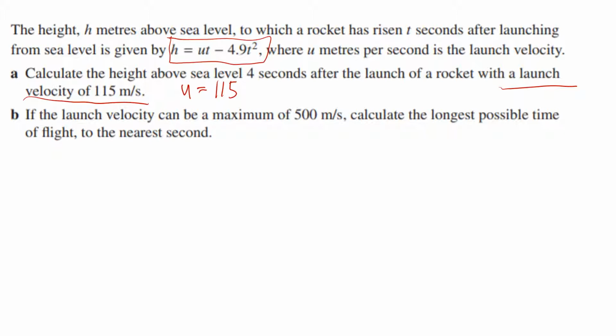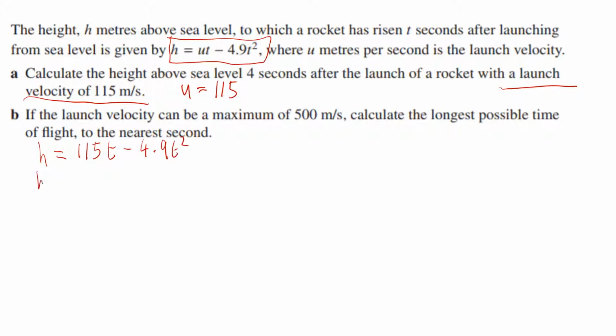And we have to work out the height it reaches after 4 seconds. So find h when t equals 4. That's really all it is. So we've got to find h. Let's just write out the full equation: 115t minus 4.9t squared.